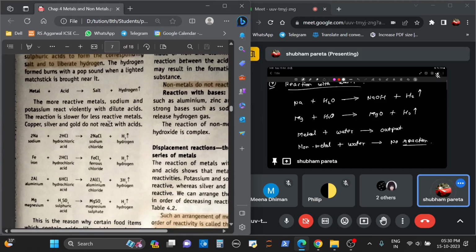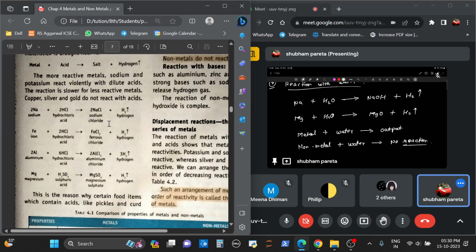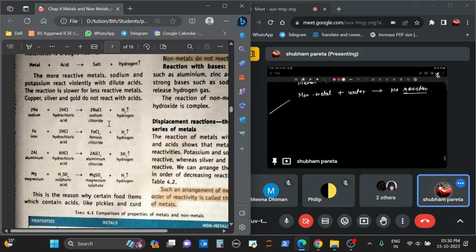Now, coming to the next thing, that is reaction with acids. What do we mean by reaction with acids? First of all, there are different types of acids which you can see over here. We are having two types of acids. The one is HCl, which is known as hydrochloric acid.